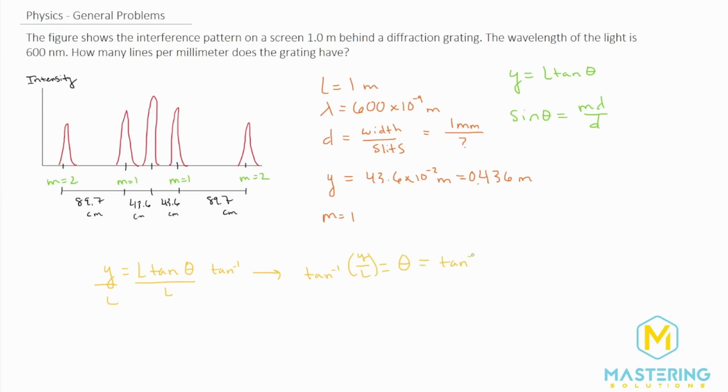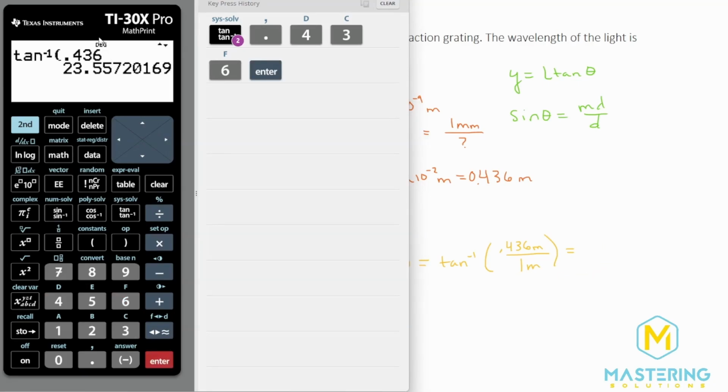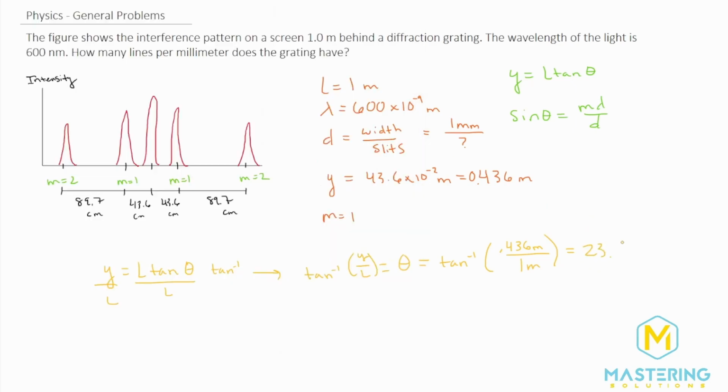Inverse tangent of y, which we said was 0.436 meters, divided by L, which we said is 1 meter. So our angle is going to be inverse tangent of 0.436, and it's divided by 1, so we don't need to enter that. Make sure your calculator's in degree mode for this, otherwise we'll get radians. We have 23.557. That is an intermediate answer, so that's the degrees for our diffraction grating here.